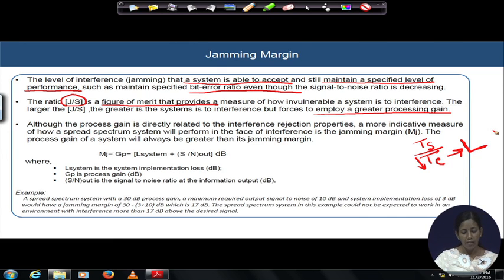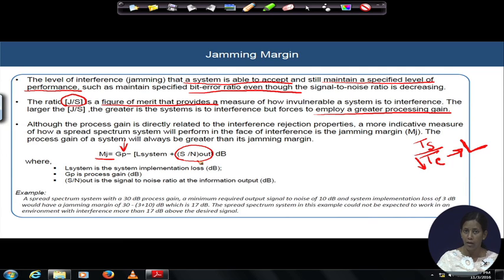Though the processing gain has a direct relation with the interference rejection properties, as we discussed in the last module, remember that there are a few more factors which relate the processing gain with the jamming margin. If the jamming margin is Mj and Gp is the processing gain, then the jamming margin is the processing gain subtracted by the minimum required Eb by N naught at the output, which depends on the kind of modulation you are utilizing.